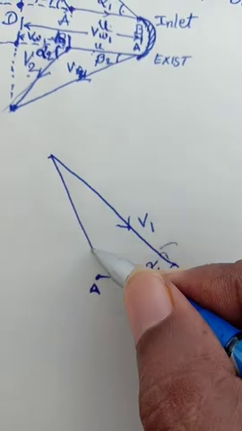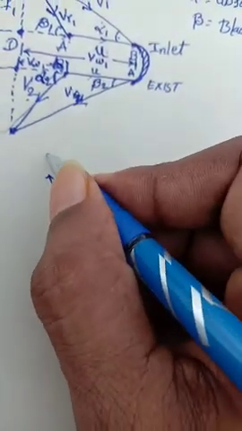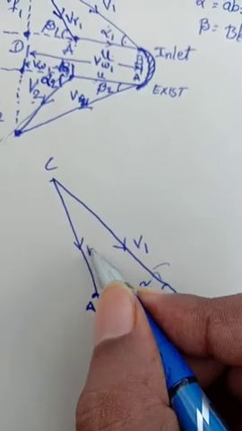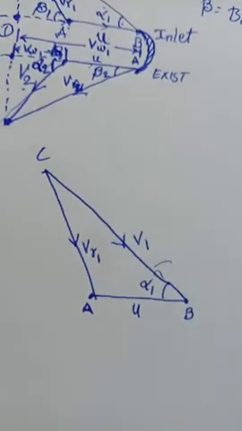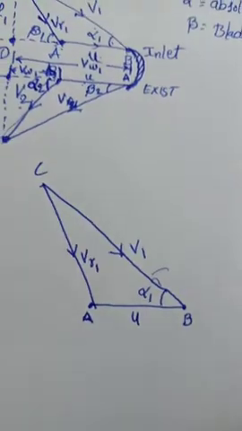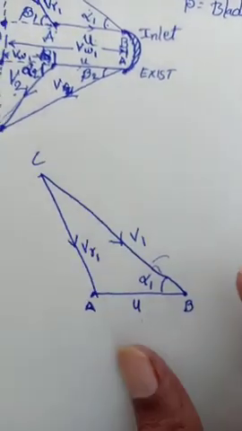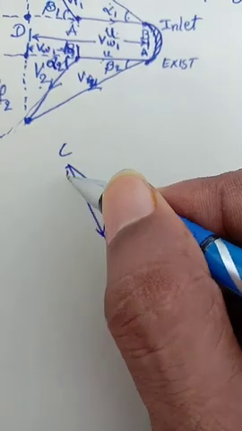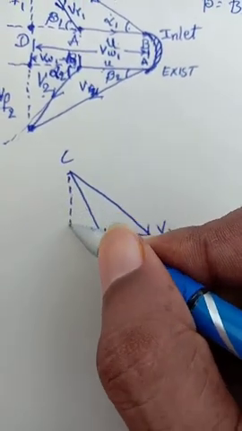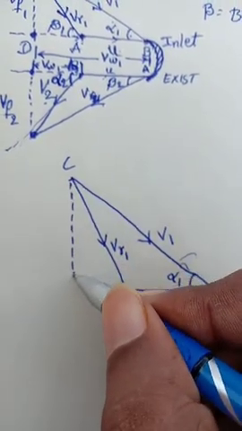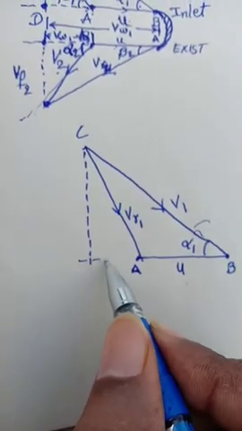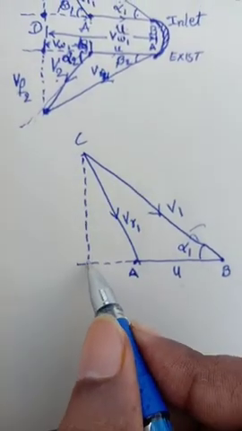Now join this, point is C, VR1. Okay, relative velocity. And then similarly we draw this and this.